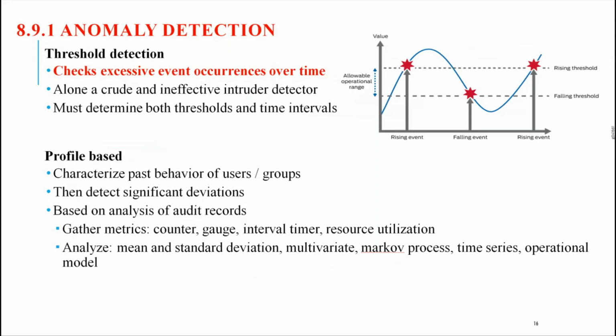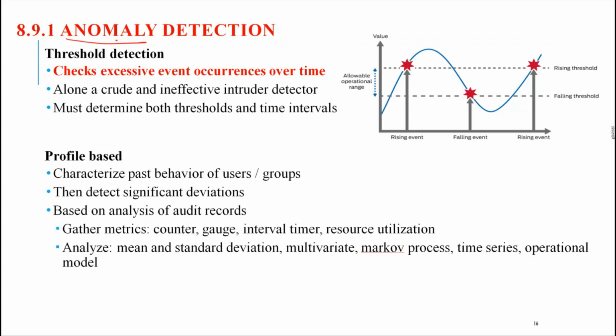Anomaly detection is divided into 2: threshold detection and profile based detection. Now, what is the meaning of the word anomaly? Anomaly means something which is deviating.